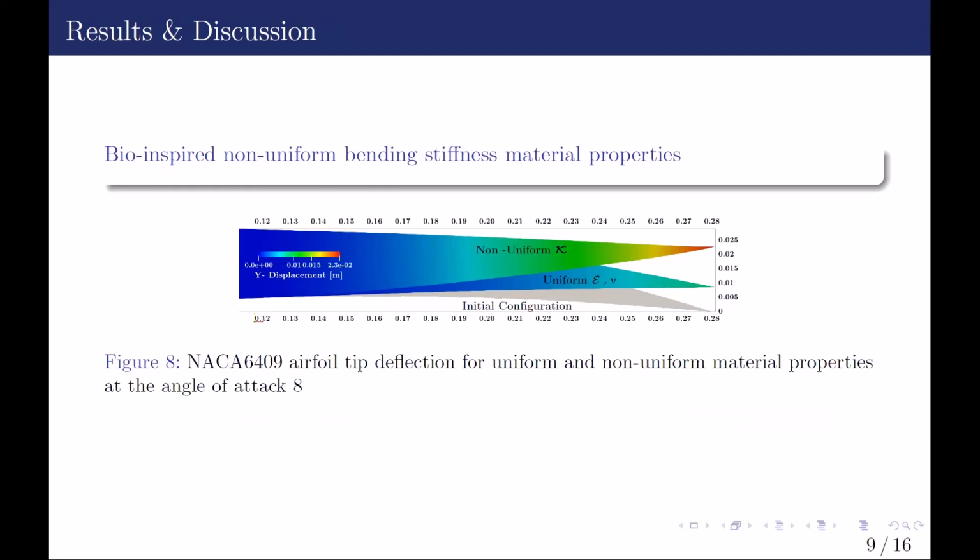Even the Young modulus used here is the Young modulus of keratin, the material that you can find in your hair, feathers, nails and so on. So this is what I was trying to do for this work.